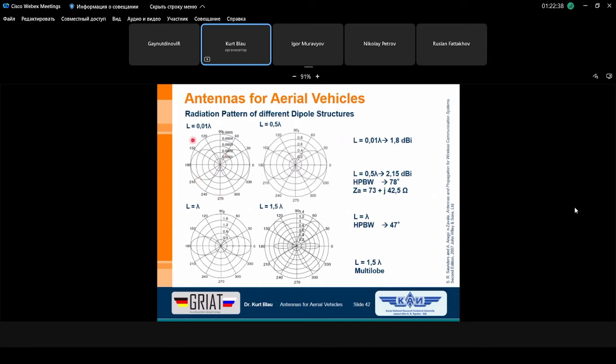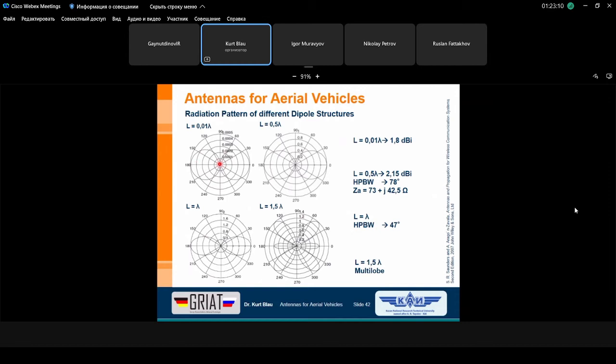In this case, it's analogous to the Hertzian dipole. This dipole is a little bit larger, it's 1% of the wavelength. And then we have a gain of about 1.8 dBi. You remember the i came from isotropic radiator. So it looks very similar to the Hertzian dipole diagram.